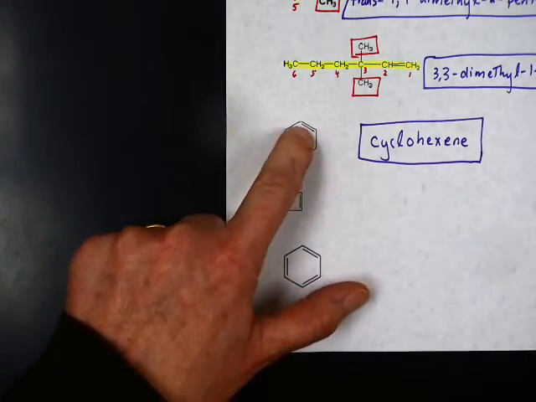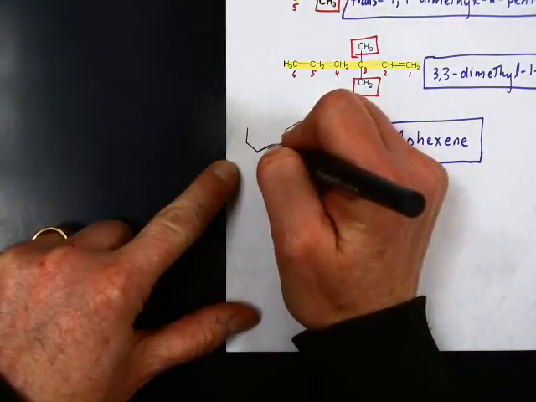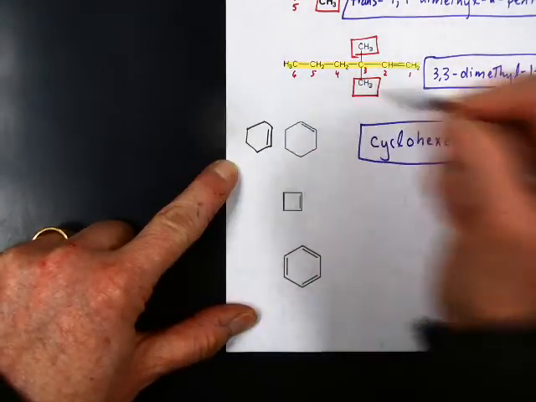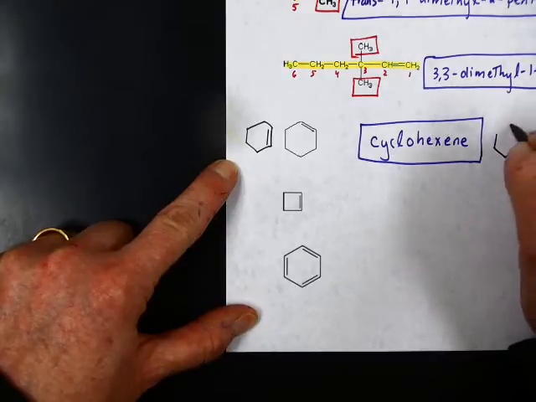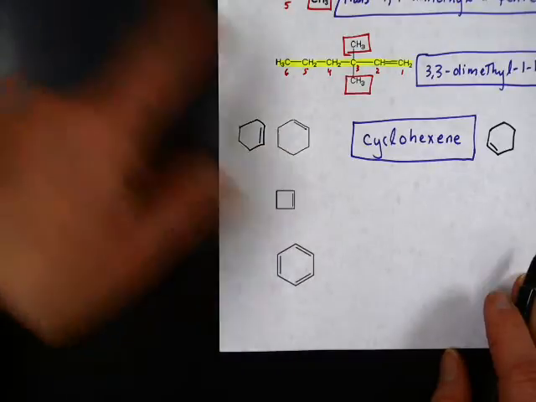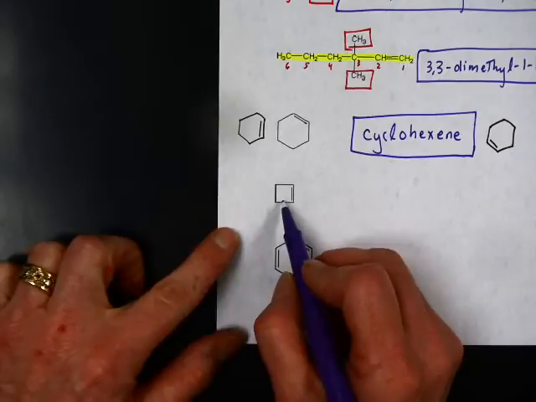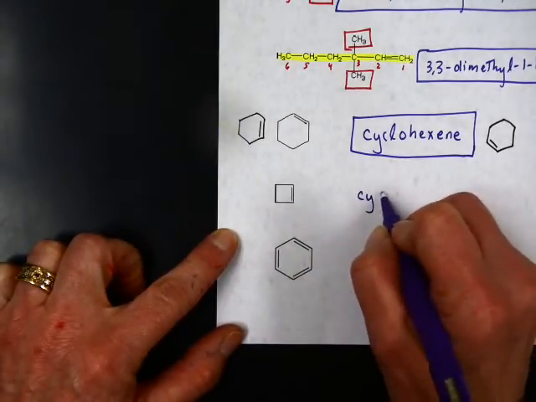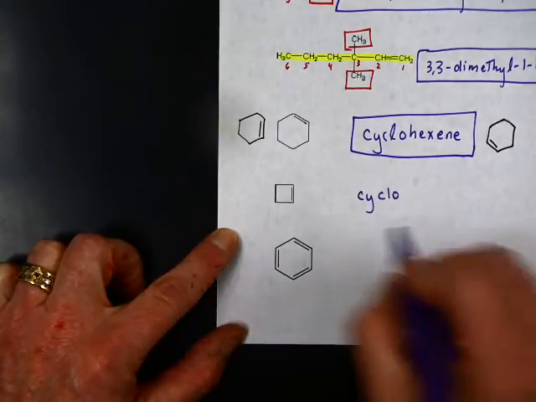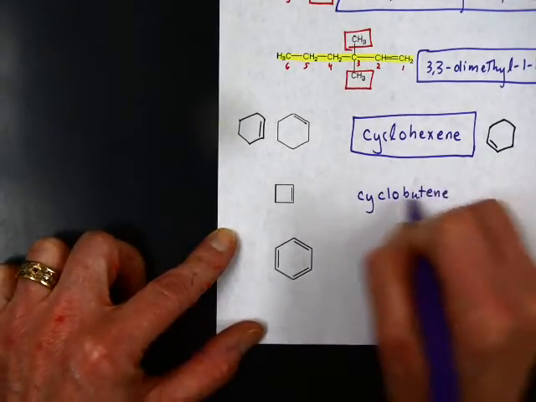We don't say where is the double bond, because whether we write the molecule like that, or like this, or like that, those are all the same thing. The molecule is just rolling along. We didn't have to break a bond, we just let the molecule roll. So that is cyclohexene. This one, 4 carbons, we would name the same way. Cyclo because it's a ring, but because it's 4 carbons, ene because of the double bond.